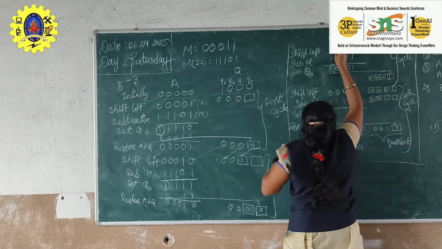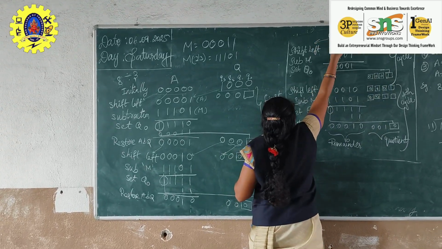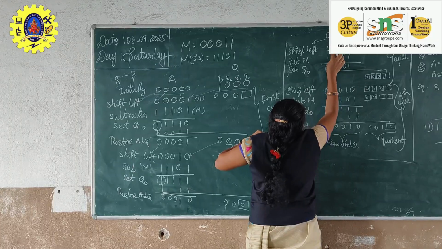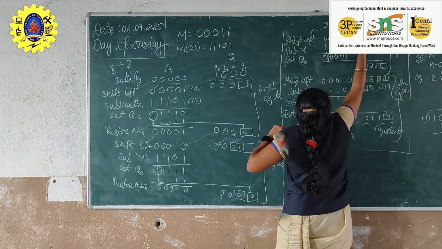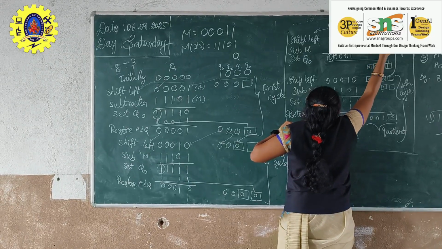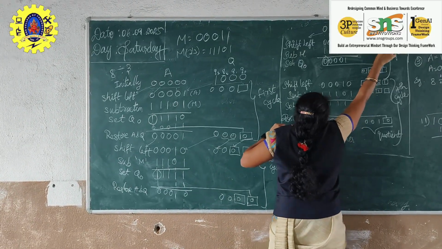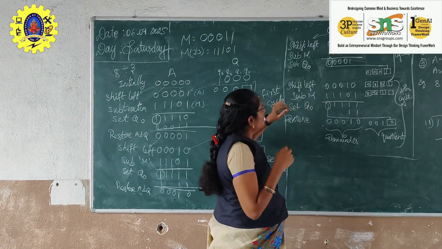If you shift left this value, then this 0 will come here, this 0, 1, 0, then this 0 will come here, then this 0 is replaced here, and during the third cycle, the third vacant position will get opened.